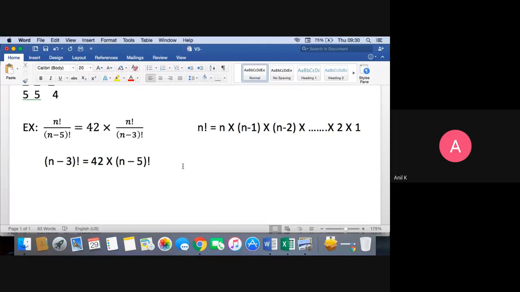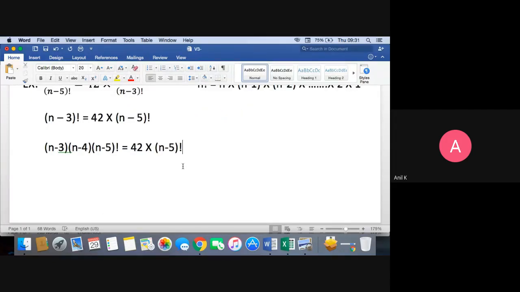I can write it as n minus 3 into n minus 4 into n minus 5 factorial. If I want, I can expand n minus 5, then n minus 6, then n minus 7 till you reach 1. But I stop at n minus 5 factorial, equal to 42 into n minus 5 factorial. Are you getting this expansion?